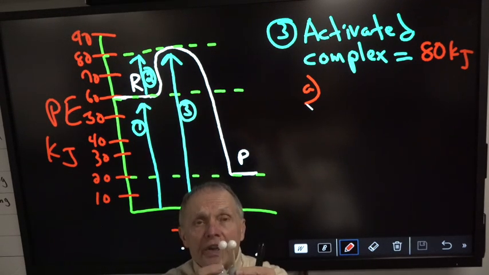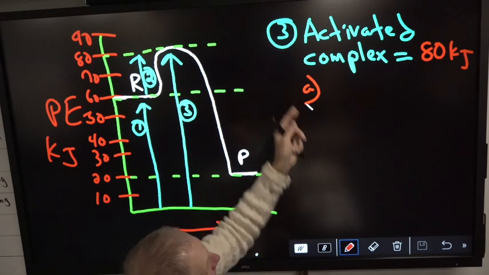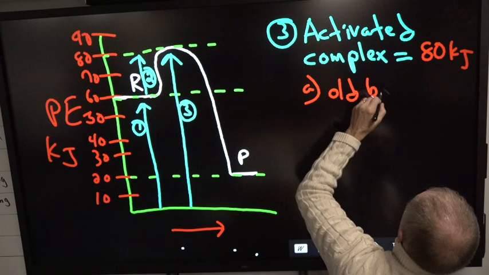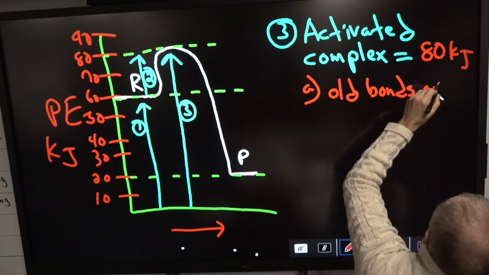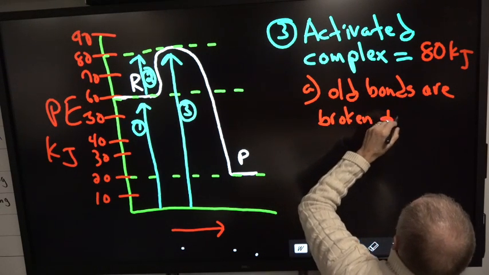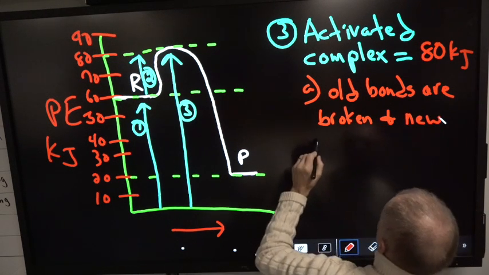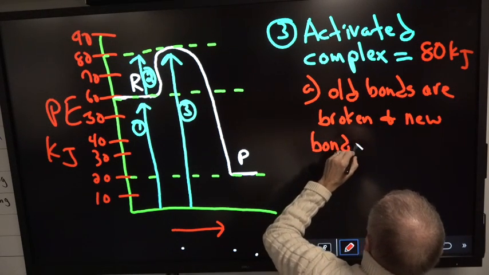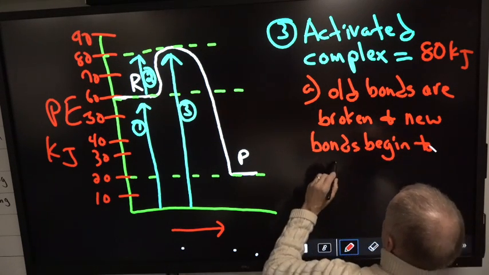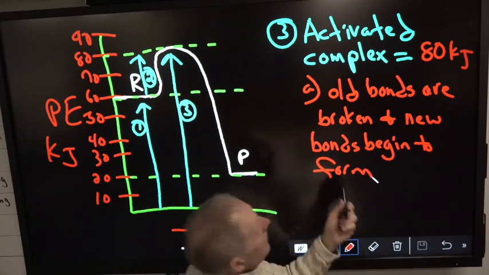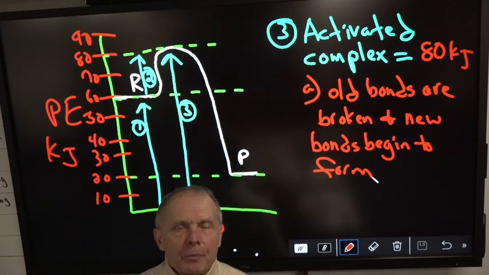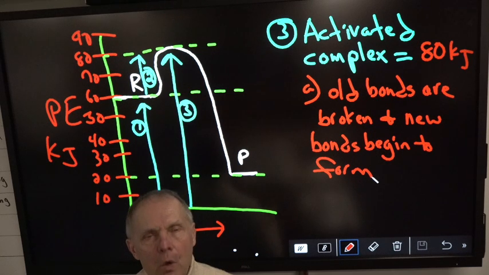And what's happening, 2 things are happening at once. So for letter A underneath activated complex, this is the biggest thing that's happening right there at the activated complex. Old bonds are broken and new bonds begin to form.